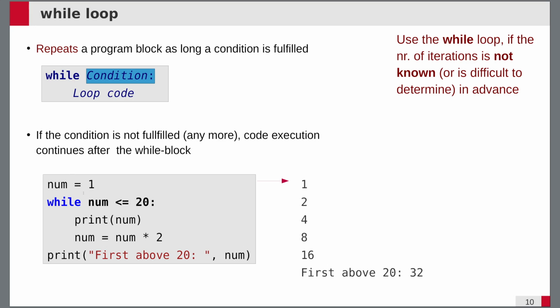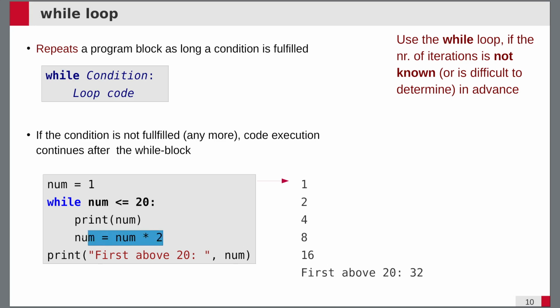So what can we use it for? For example, this small code shows you we are starting with a variable called num set to 1, and we are executing this loop as long as the variable num is less or equal than 20. Within the loop we are just writing out the value of num and multiplying it by 2, right?